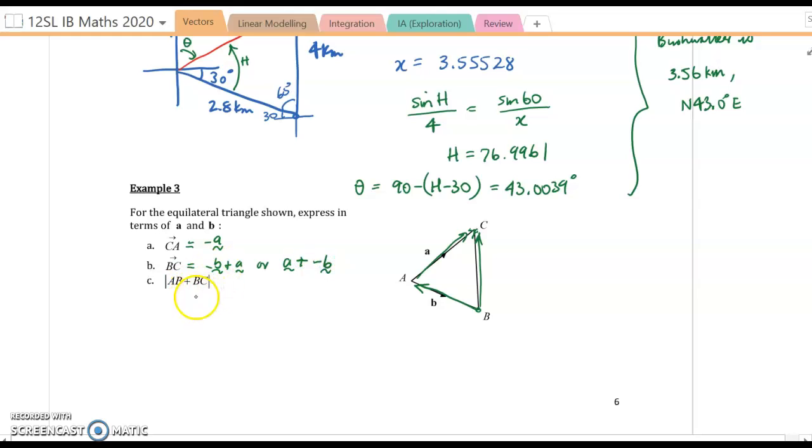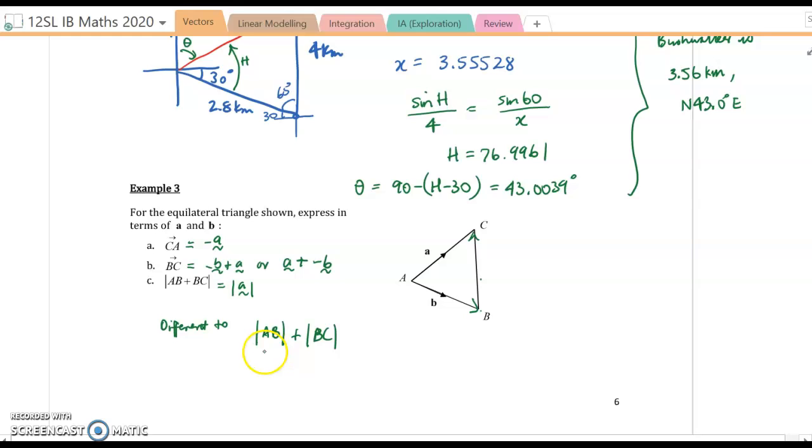In that last one, you only want the magnitude of AB plus BC, which will give you a final of AC. So that will just be the magnitude of vector A. Now that's different to if I just ask for the magnitude of AB and then the magnitude of BC.